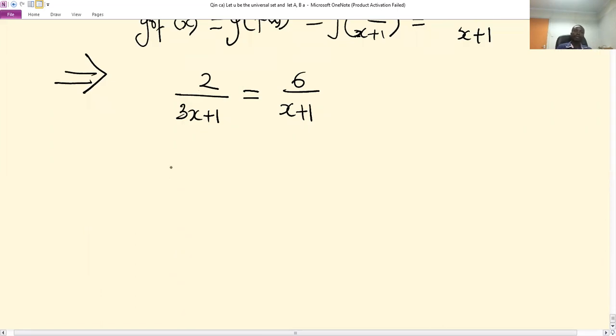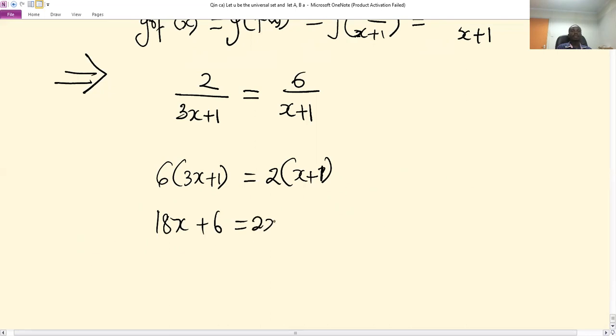Cross multiply, so we'll have 6 into 3x plus 1, 2 into x plus 1. So this will be 18x plus 6 equals 2x plus 2. Now collect like terms, 18x minus 2x equals 2 minus 6.